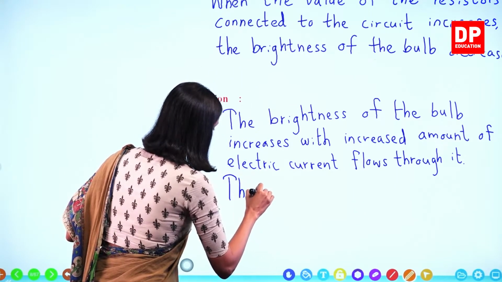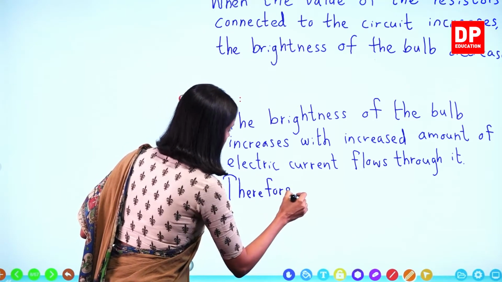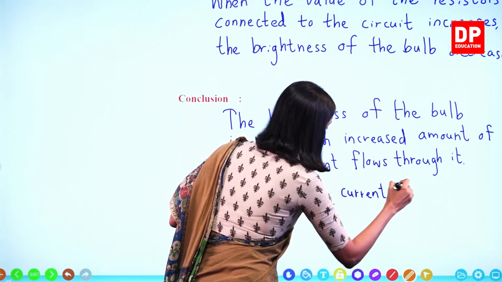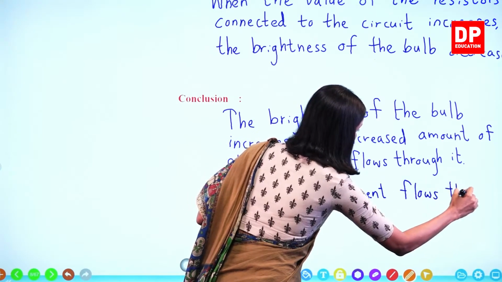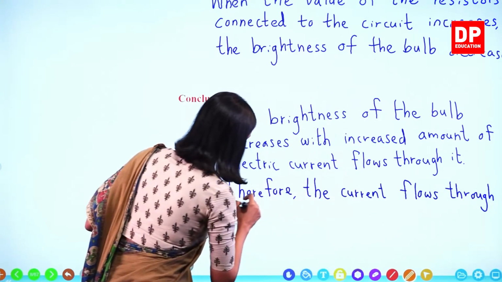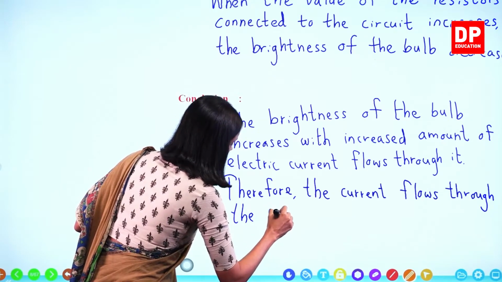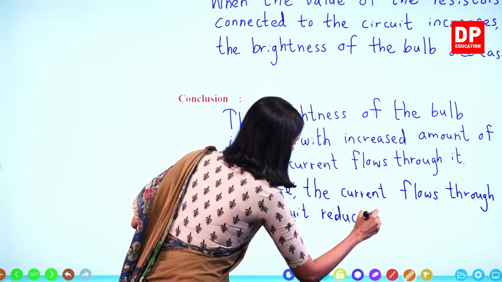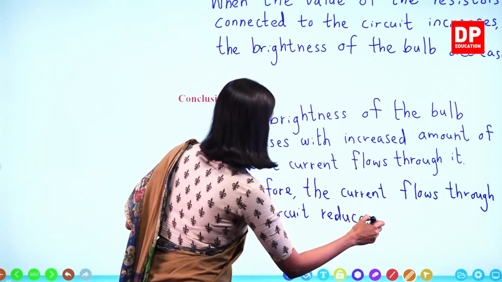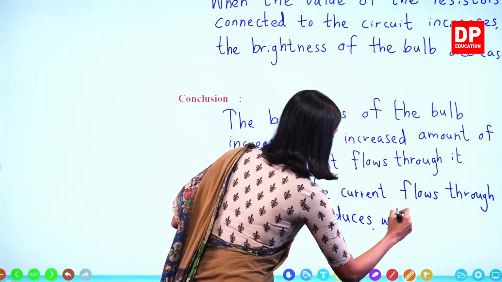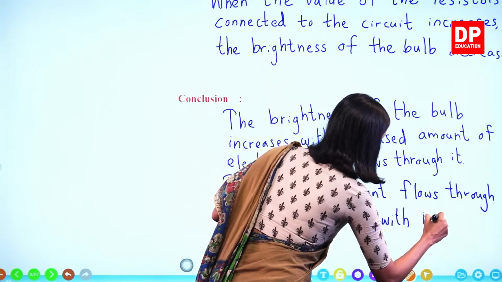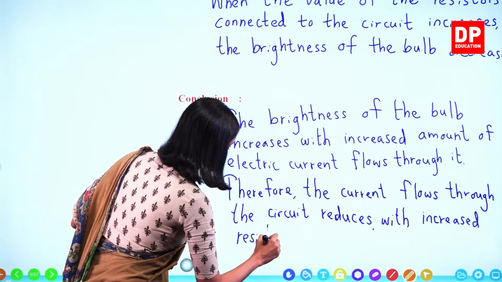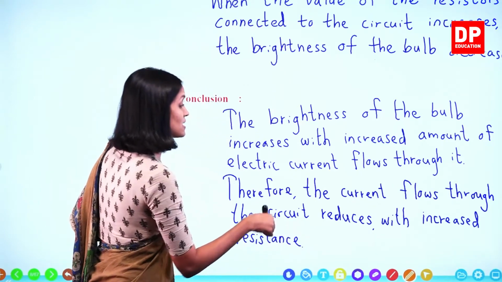Therefore, the current flows through the circuit reduces with increased resistance.